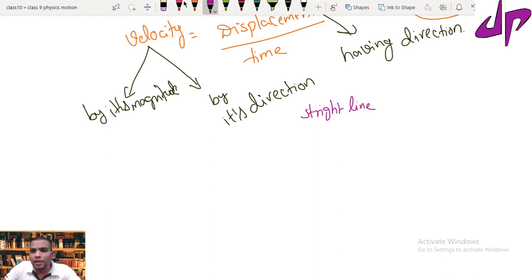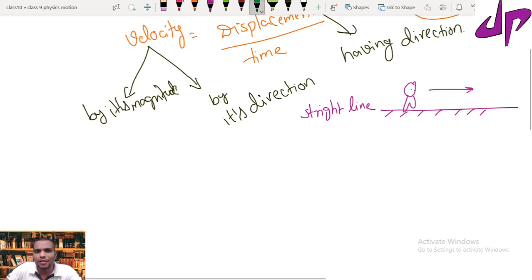If I am moving in this straight line, strictly I have only two directions, either the forward direction or the backward direction. Either I have to move forward or I have to move backward.